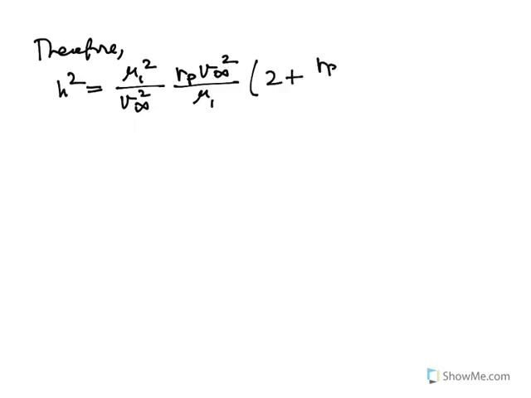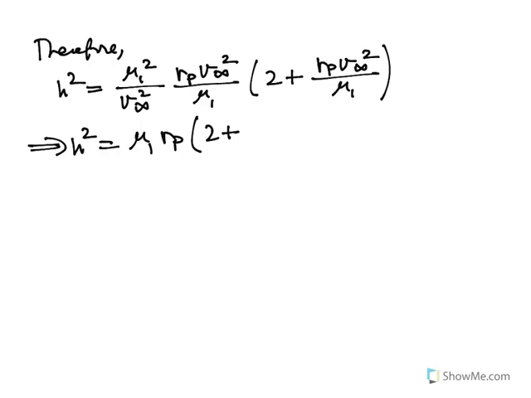So therefore, h squared is then going to equal mu1 squared over v infinity squared times RP times v infinity squared all divided by mu1, and then what's left over is going to be 2 plus RP v infinity squared all divided by mu1, from which we actually get that h squared is going to equal, well, several things cancel here, so we get mu1 times RP, because the v infinity squared cancels and one of the mu1's cancel, and we get 2 plus RP v infinity squared all divided by mu1.